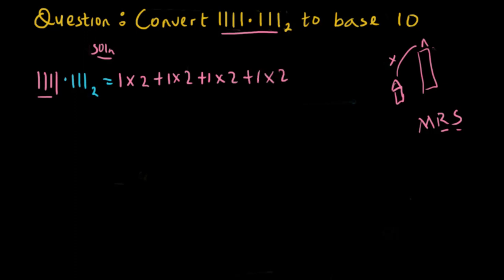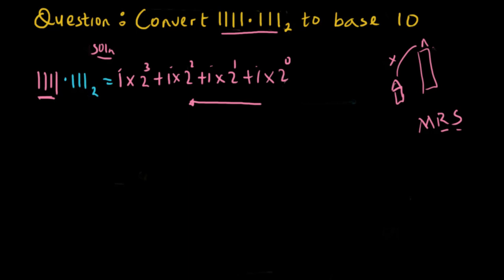Remember, there are 4 ones, so we have to be sure we have 1, 2, 3, 4. Do you understand? Now before we do the fractional part, we rank. Remember, we rank from right to left, starting from 0. So we have 0, 1, 2, 3. And don't forget, we are ranking the base.